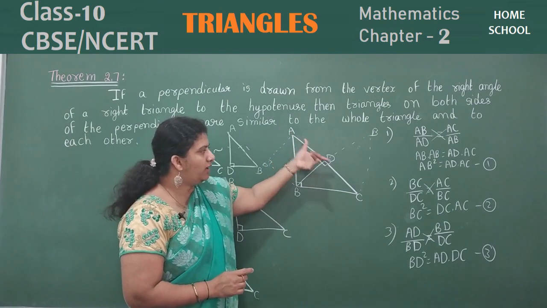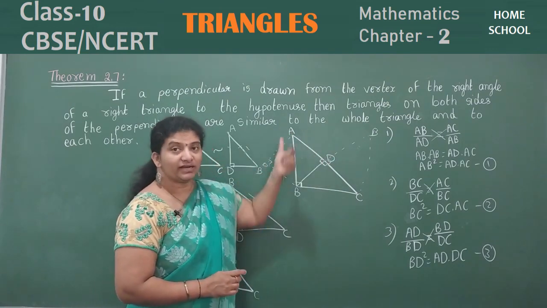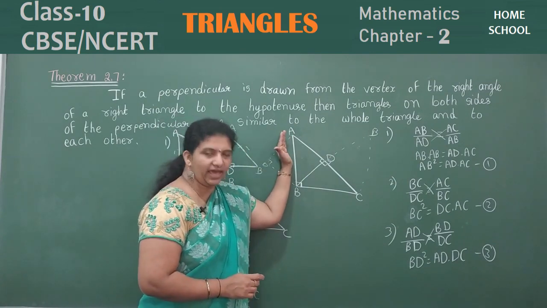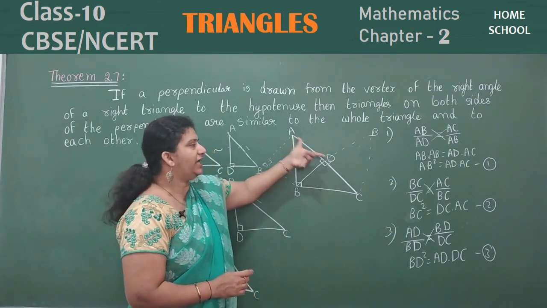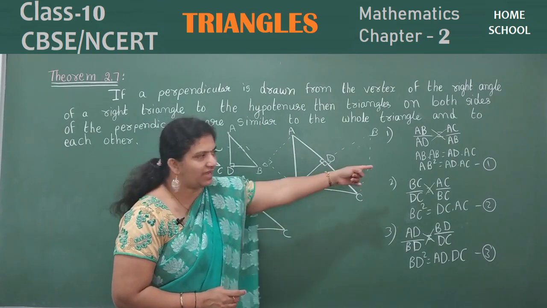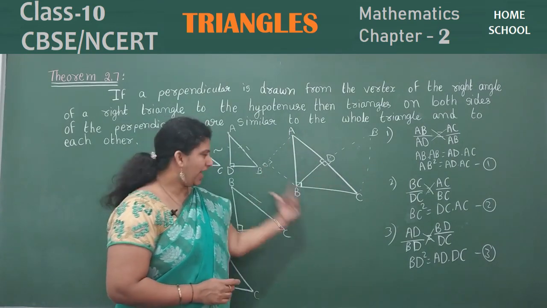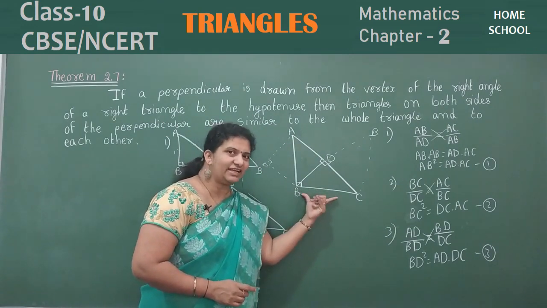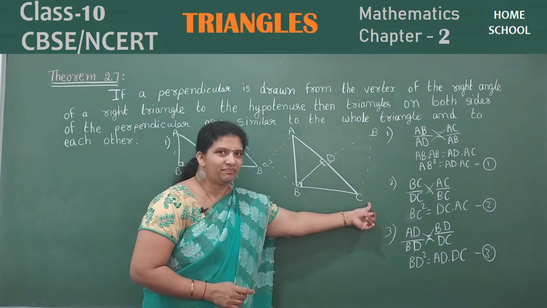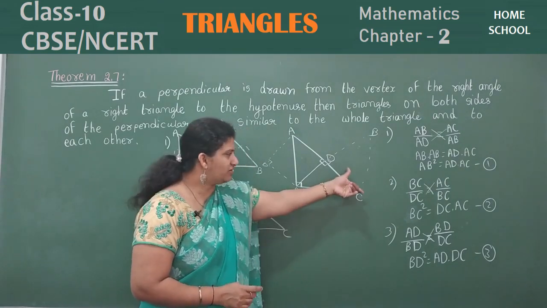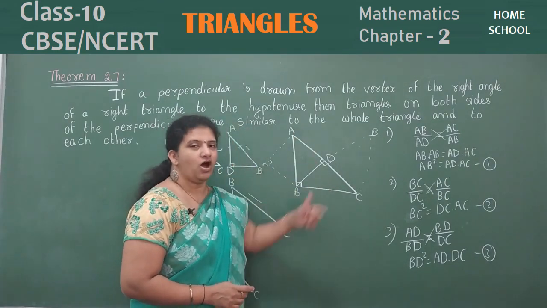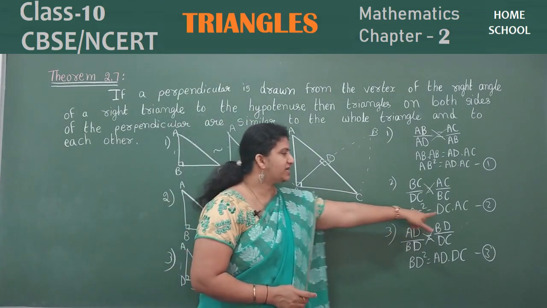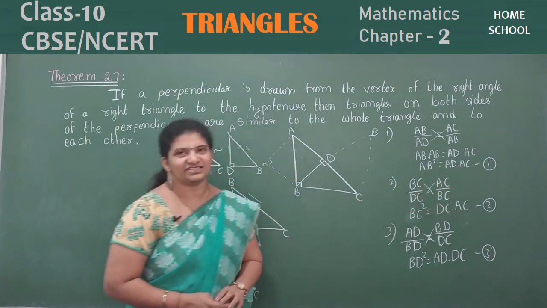So small into big, remember. So AB square is equal to AD into AC. Correct, no? Now take this one, BC square. Which letter is touching your hypotenuse? C. BC square is equal to CD into CA, or CD into AC also. See there? BC square is equal to CD into AC.